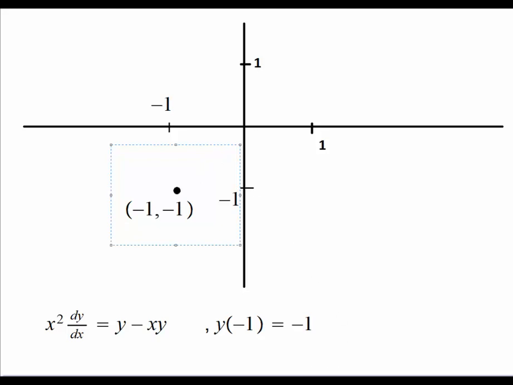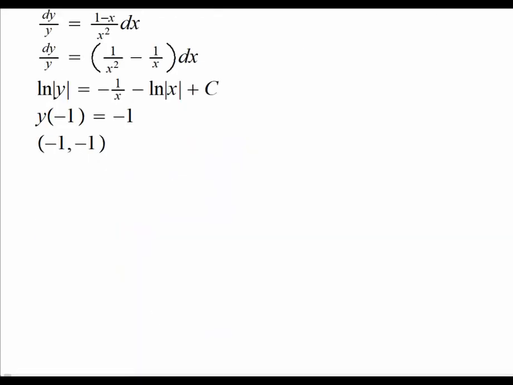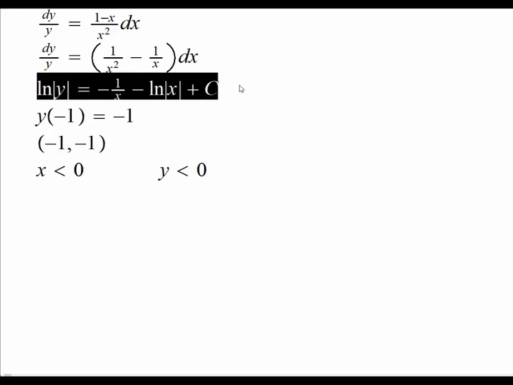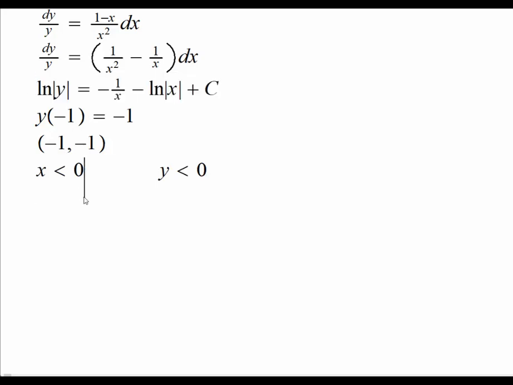So if we go back to our example, we can note here that both the variables x and y, both of them are less than 0. So if we go for solving for this, let me bring it over here, it changes sign, right? Okay, sorry about that.